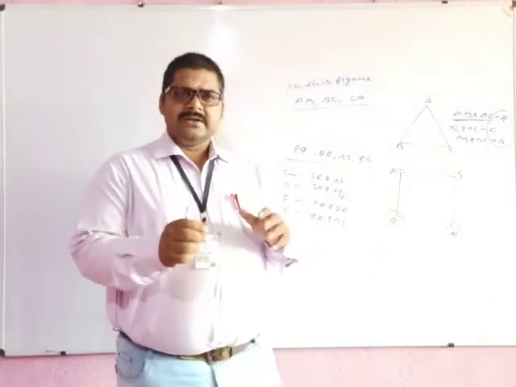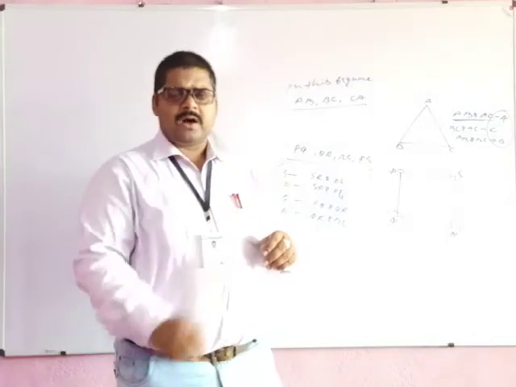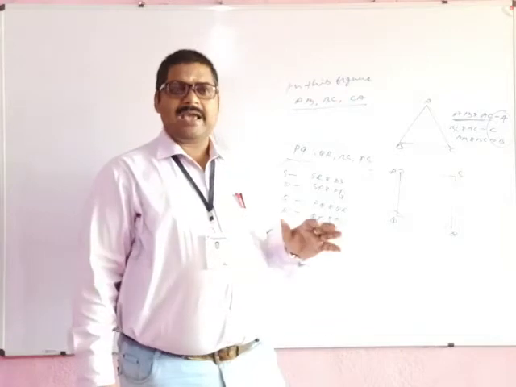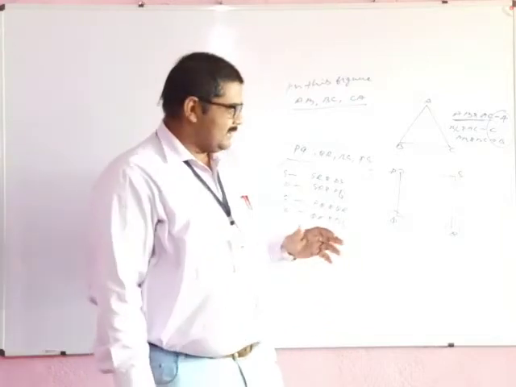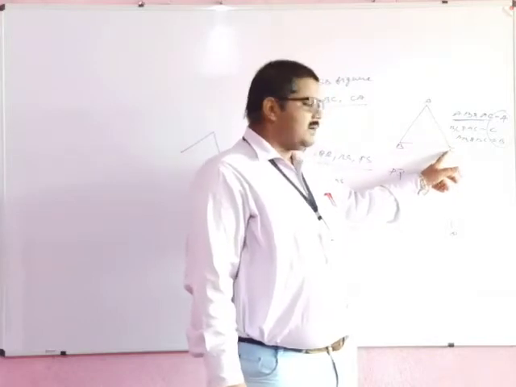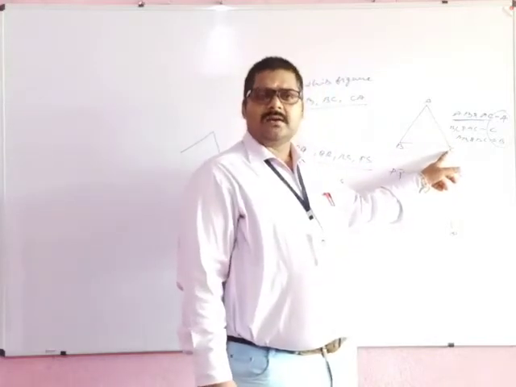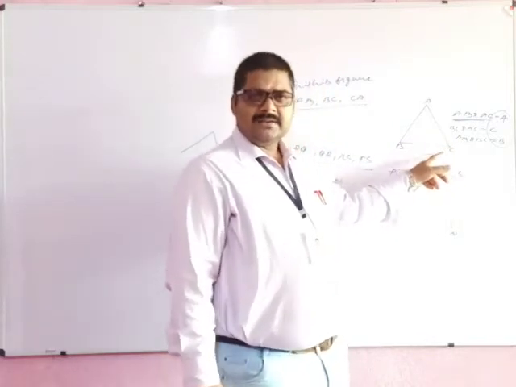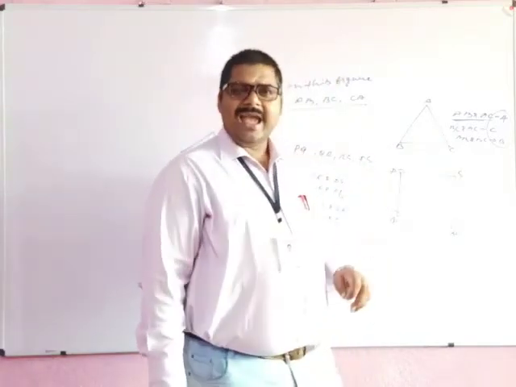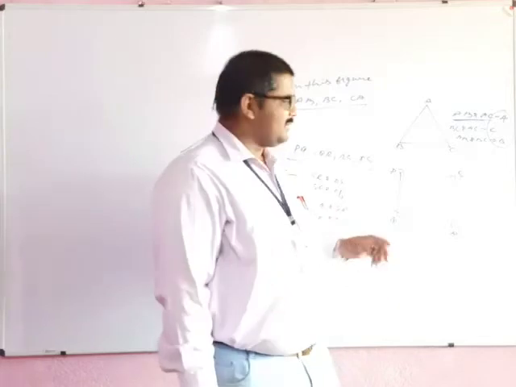Any two sides which have a common point are known as a pair of adjacent sides. BC and CA have a common vertex or common point. This is why BC and AC are known as adjacent sides.